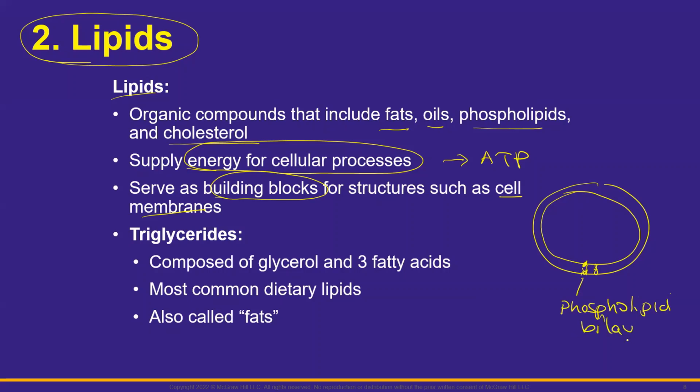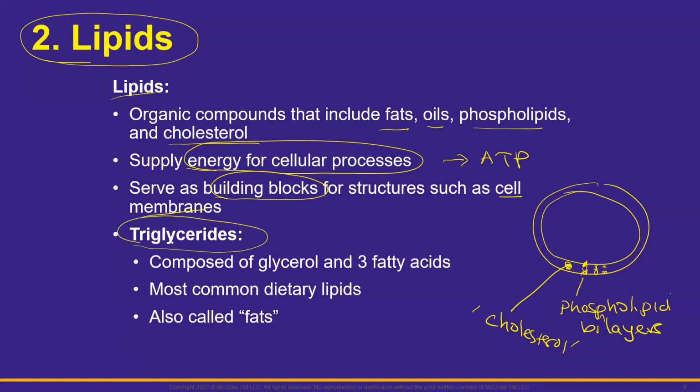So that's the plasma membrane. Also in the plasma membrane, there is cholesterol. So this lipid is needed as a building block of the cell, the phospholipid bilayer, and also to strengthen the cell membrane, which is the cholesterol.